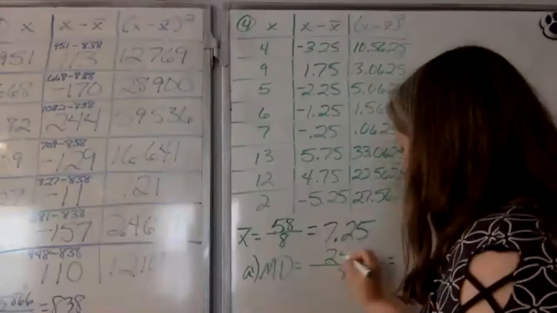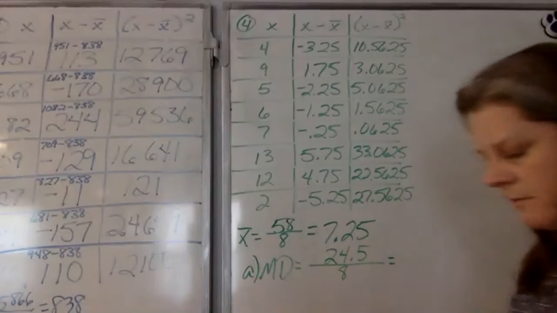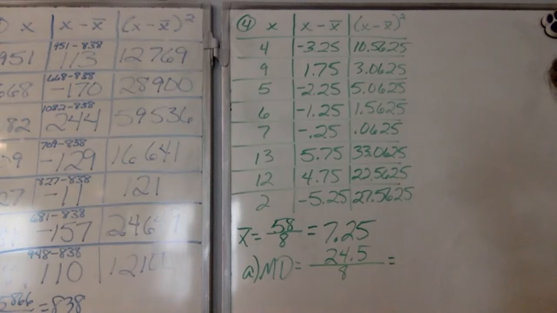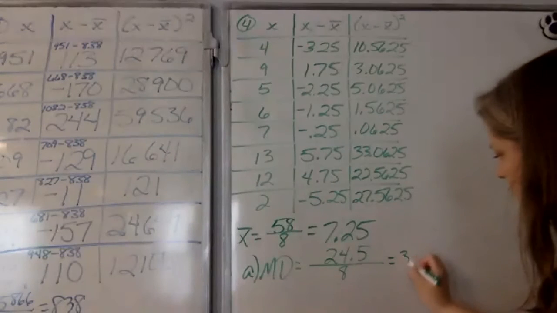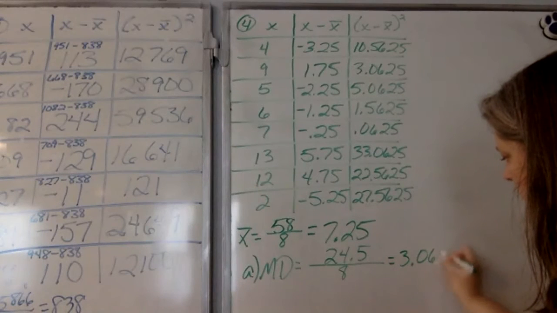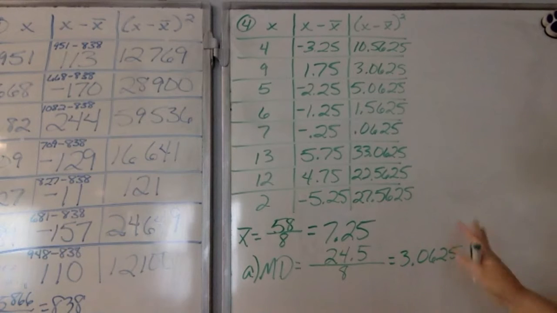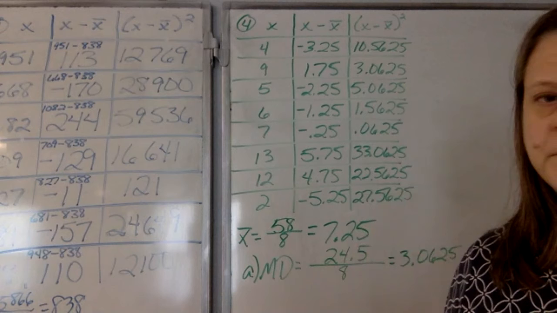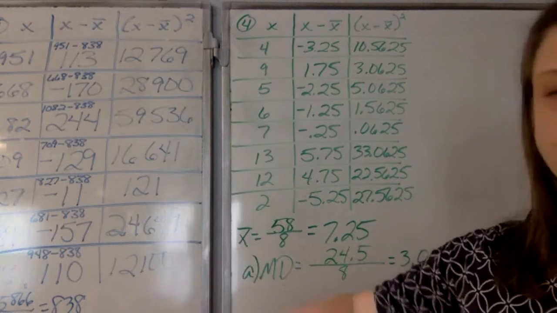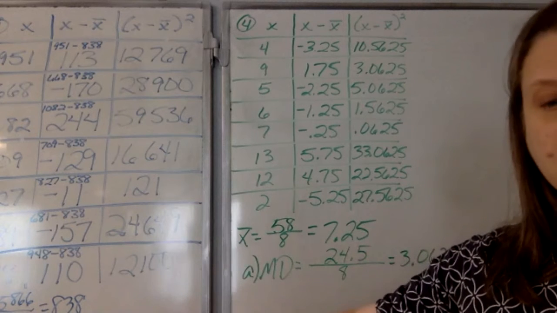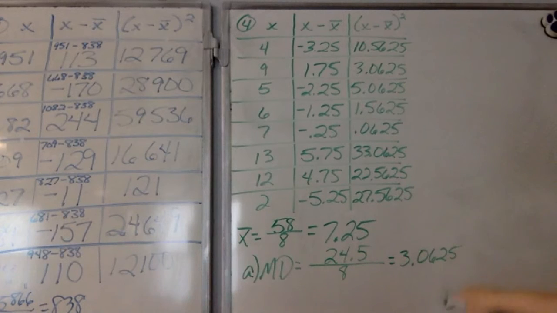So did I. Okay, so now we divide that by 8, and you get 3.0625. Since this was a nice decimal that ended, I'm not going to worry about rounding it off. Those others were big long decimals that kept going, so we needed to round them. This, we'll just leave it.